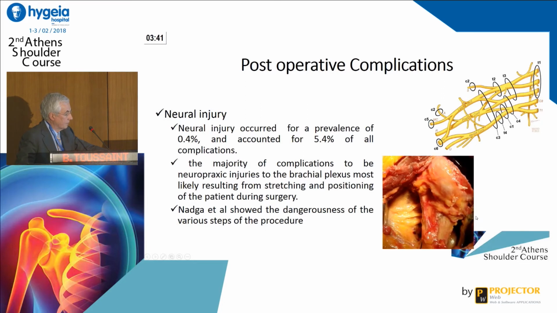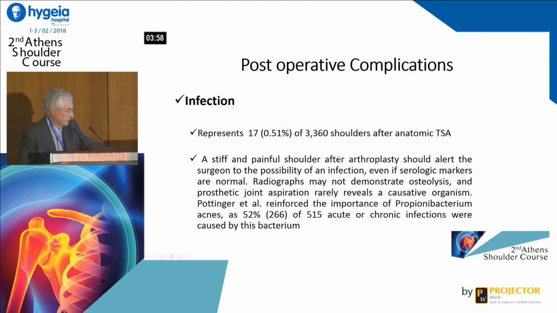I think it's very important to protect it during all of the surgery. Normally, there is just neuropraxia, and after time the result is good, and it's not always necessary to operate on the complication. Infection was very nicely described by Offer-Levy.